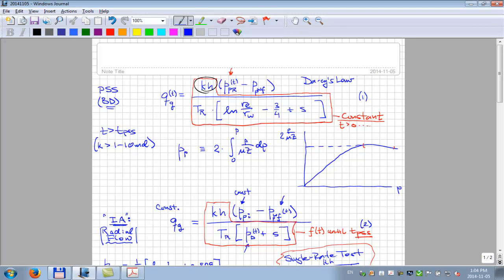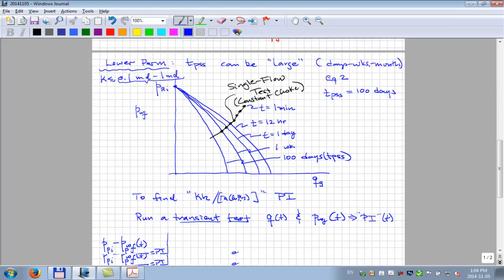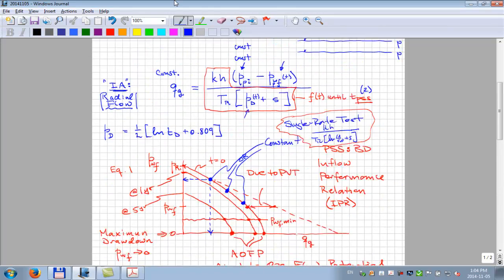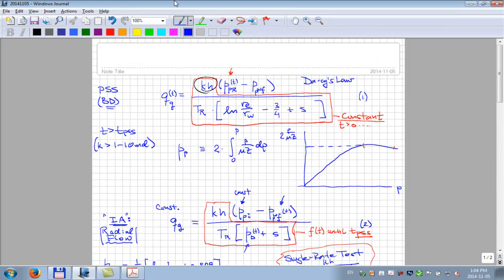Okay, if it's a lower perm, you put it on a constant choke, the rate's decreasing somewhat, the bottom hole flowing pressure's decreasing somewhat, and you have to do what we call transient analysis to come up with the PI or the KH. Okay? Again, equation 2 is based on Darcy's equation, Darcy's law.